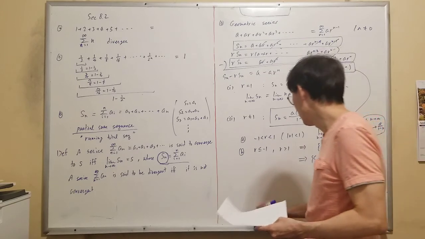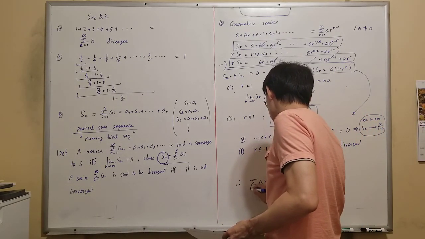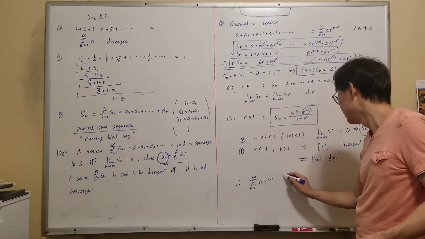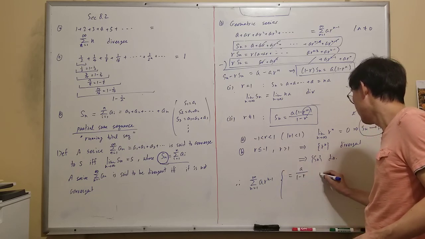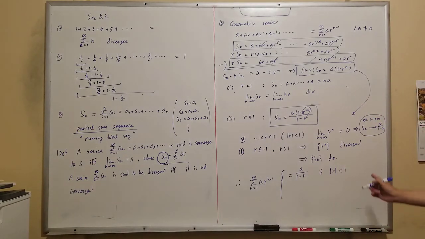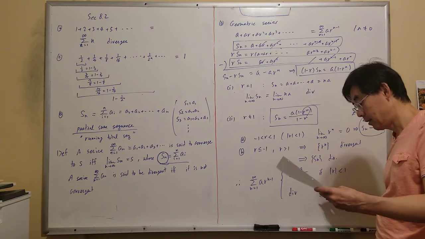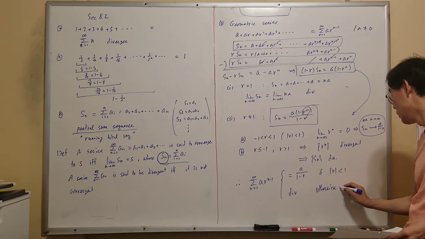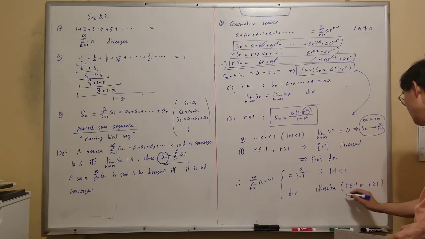Our conclusion is that the sum equals A over 1 minus R if the absolute value of your common ratio is less than 1, or it diverges otherwise, which means R is less than or equal to -1, or R is greater than or equal to 1.